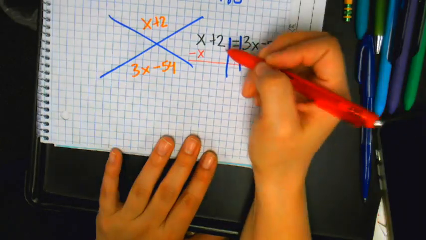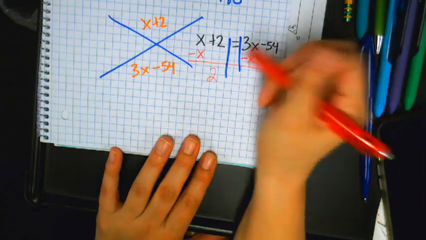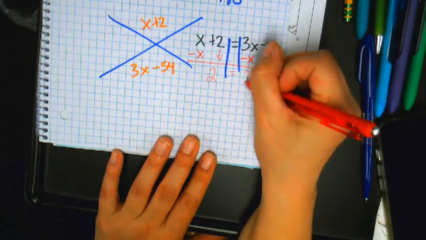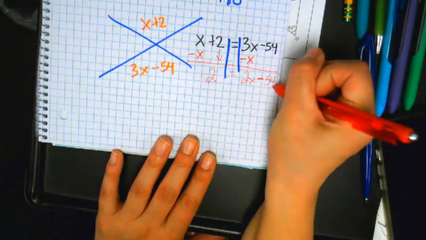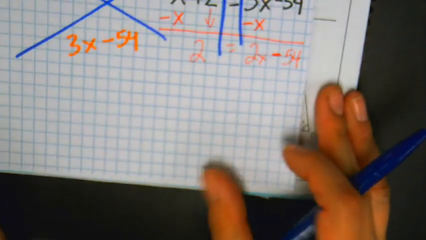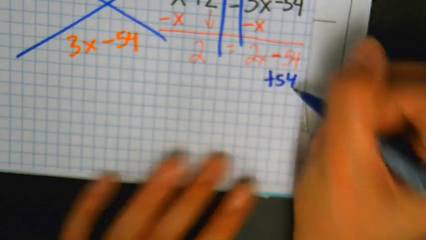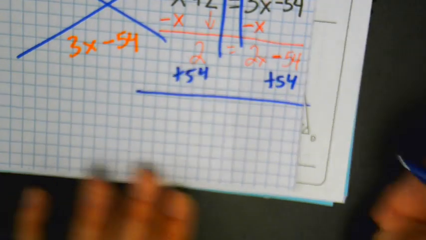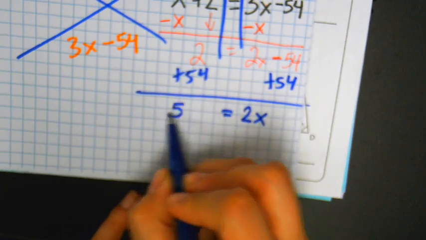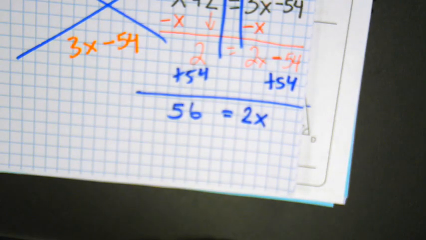So you're left with 2, right? Equals, what's 3x minus x? 2x minus 54. Now what? Add 54 to each side. So you're left with 2x equals 56.